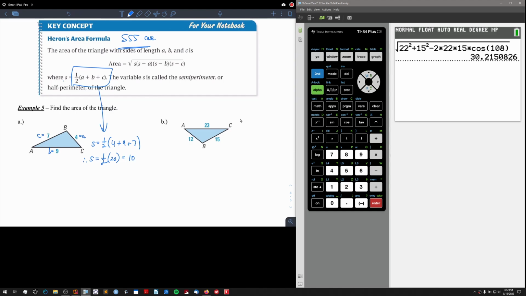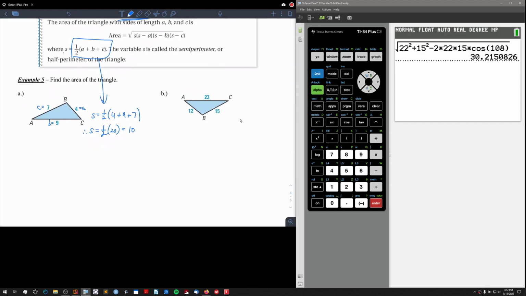Once I have S, now I can just plug stuff in. The area using Heron's formula is the square root of S, which is 10, times S minus A, which is 10 minus 4, times S minus B, which is 10 minus 9, and times S minus C, which is 10 minus 7.